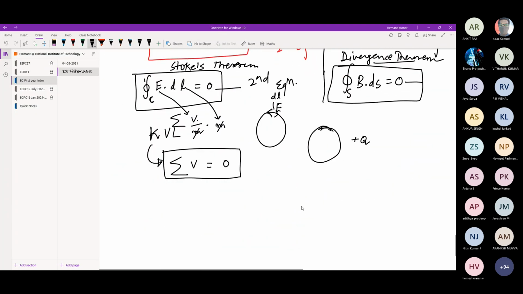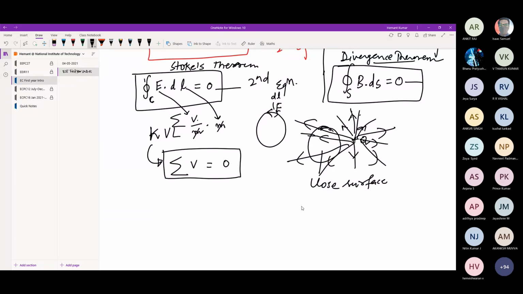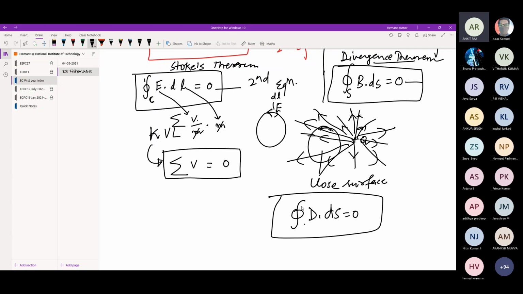Here, if you apply the Gaussian law in this case, and assume this as a closed surface, it will have an electric field like this, right? The electric field will also pass through this closed surface. So if you apply the Gaussian law here, it will be the closed integral of D dot ds equal to 0.